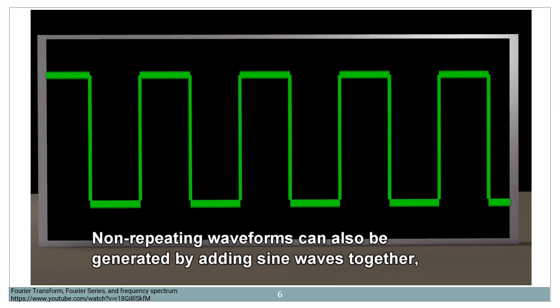Non-repeating waveforms can also be generated by adding sine waves together.